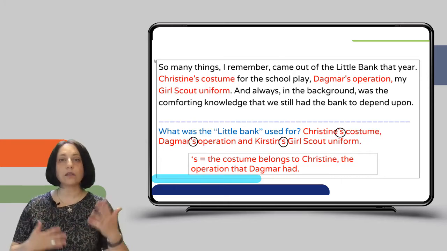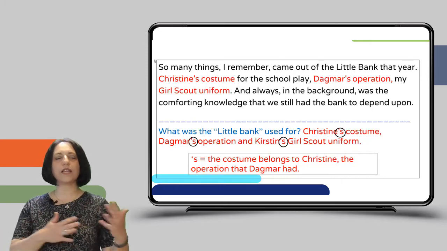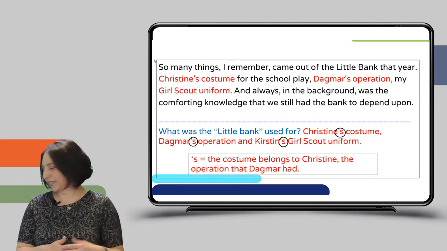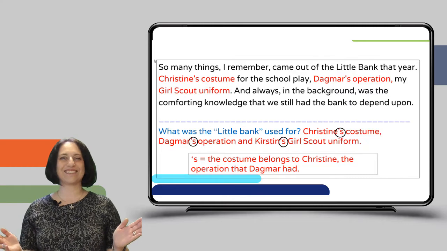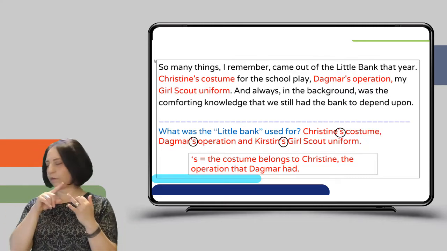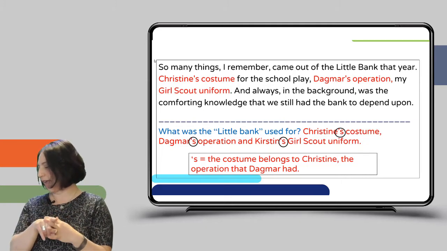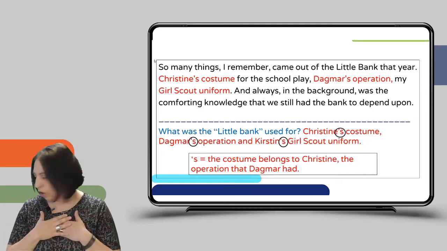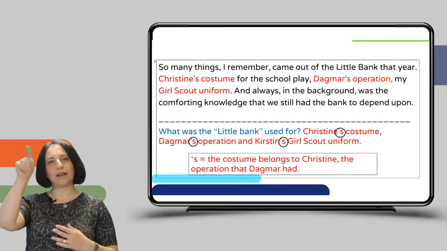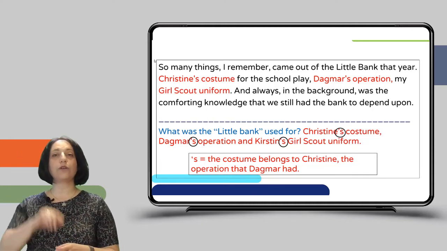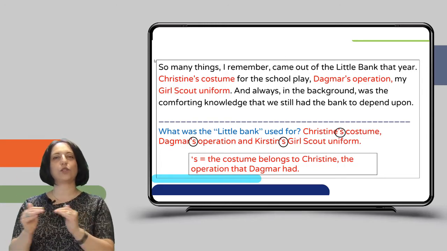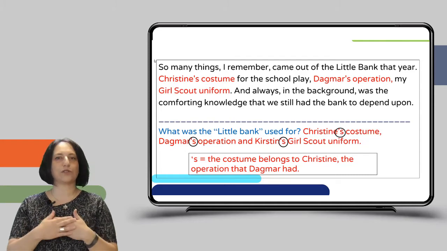Does that mean a lot, that there's a lot of Christines, a lot of Dagmars, a lot of Katrines? No, it doesn't. It means that the object, the costume, the operation, and the Girl Scout uniform, belong to the people with the comma S. So when we see comma S, it's talking about something that belongs to the person.